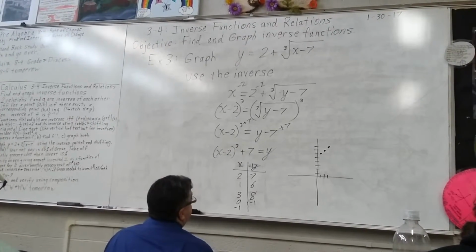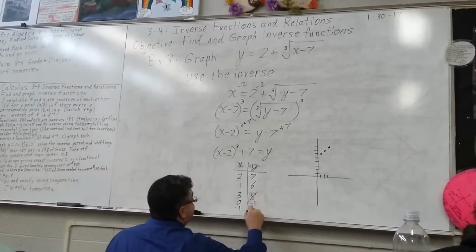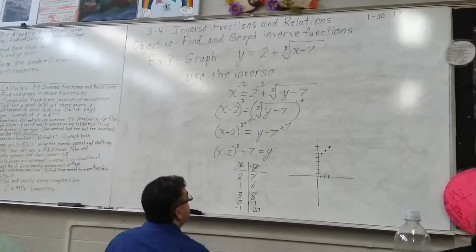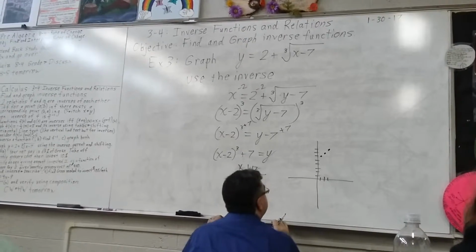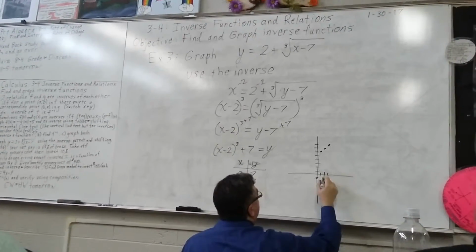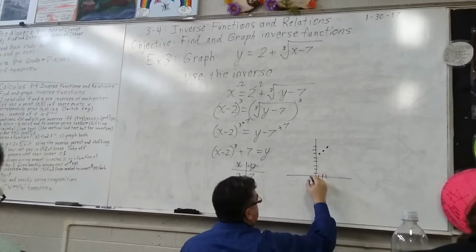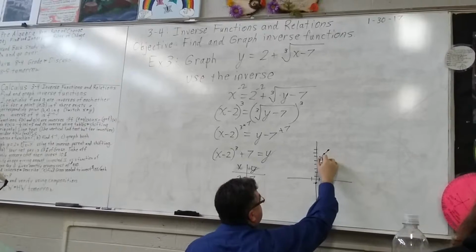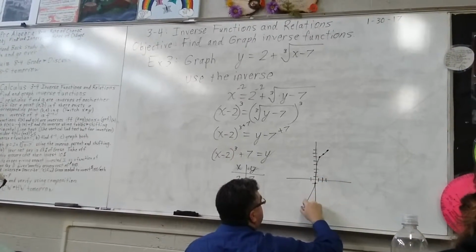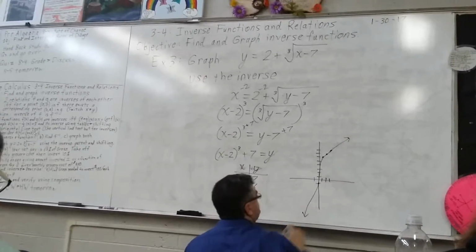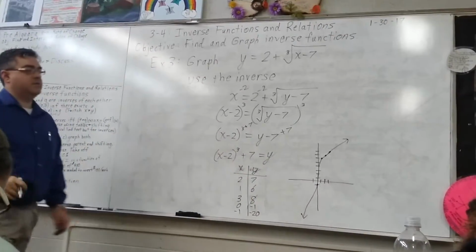Negative 3 cubed is negative 27 plus 7 is negative 20. So that's a pretty big number there. I don't want to get any further than that. So we'll go with 0, negative 1, and negative 20 will be way down there somewhere. So it kind of falls, and then falls real hard, and then does this. That's approximately what it does.